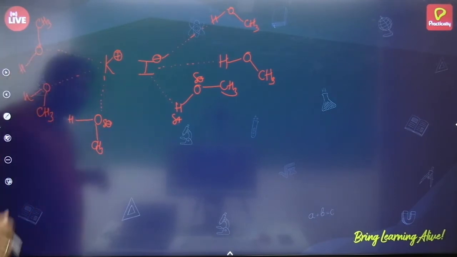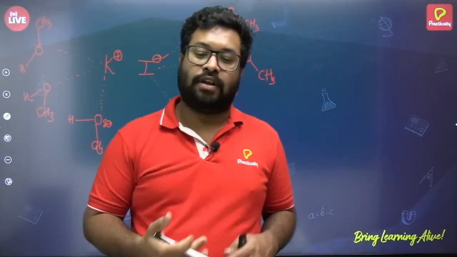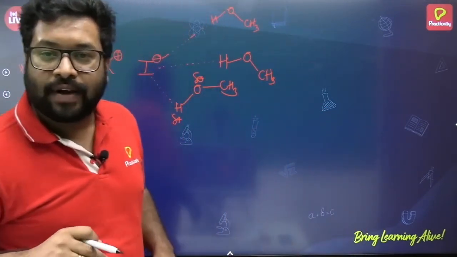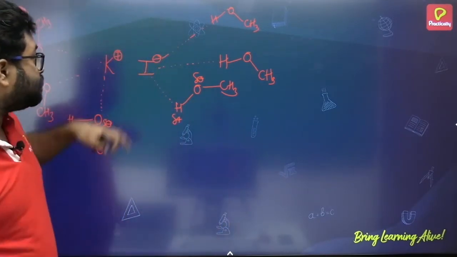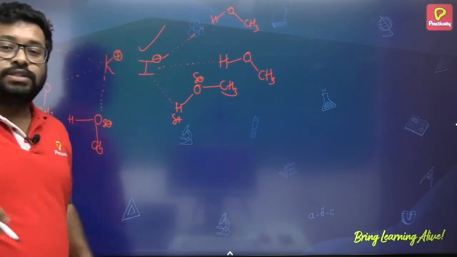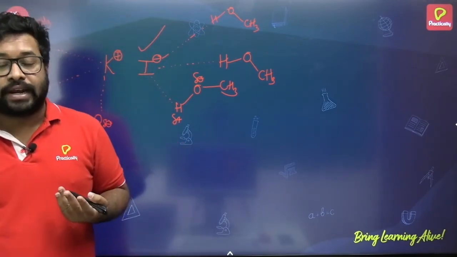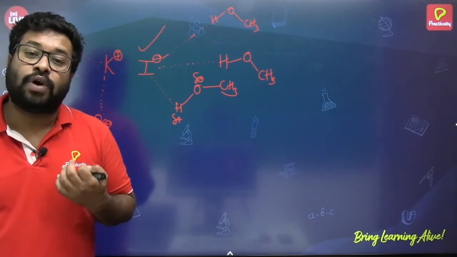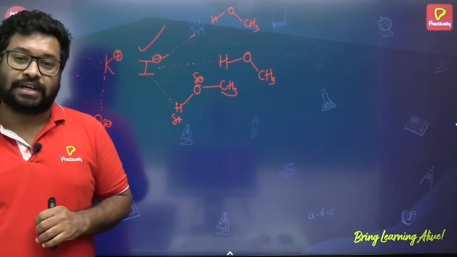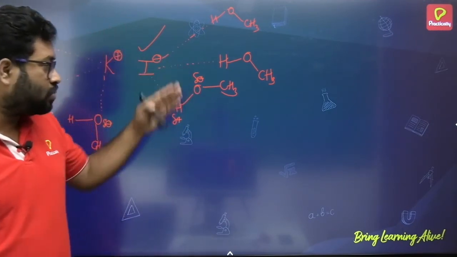As we know, in an SN2 reaction, the rate depends on the nucleophile also. And what is the nucleophile here? A negatively charged species, which is iodine. Since your iodine is getting solvated from all sides by solvent, it would not find it easier to attack the delta plus carbon, because it is now surrounded from all sides by solvent.